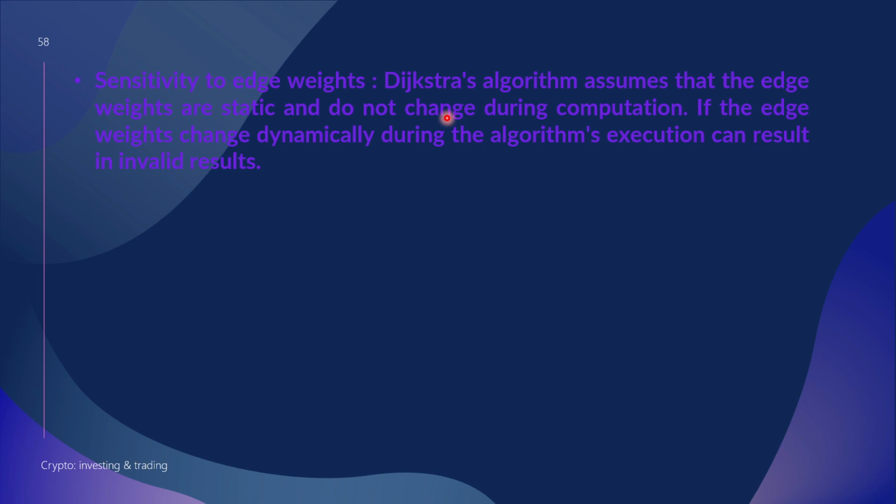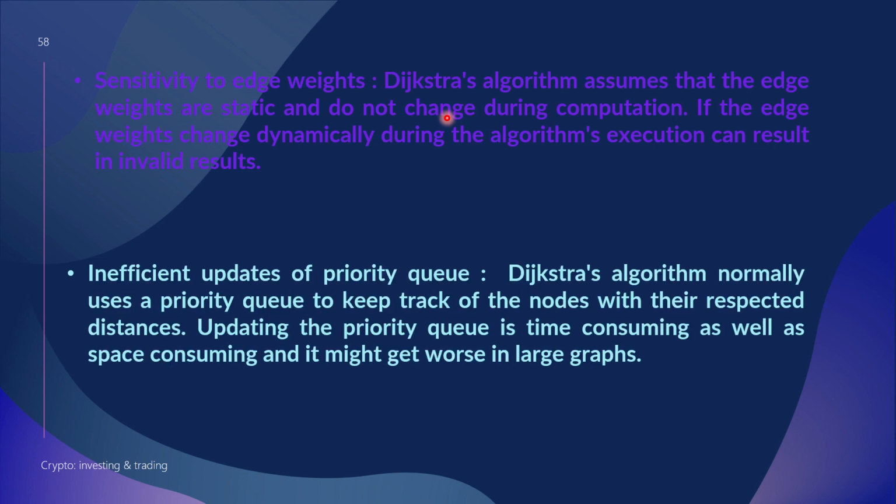Think of a scenario where you are traveling and you change your destination node from one place to another. In that case Dijkstra's algorithm might get confused with the destination node and result in an improper shortest path.